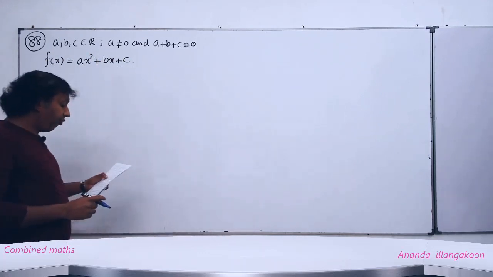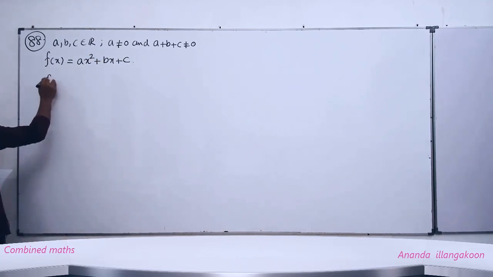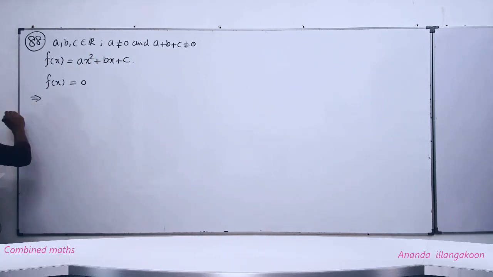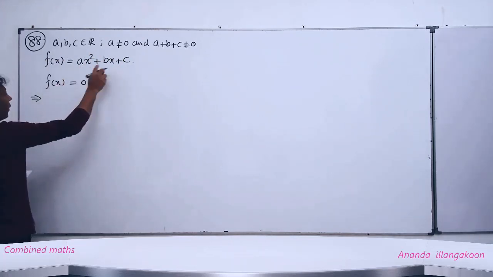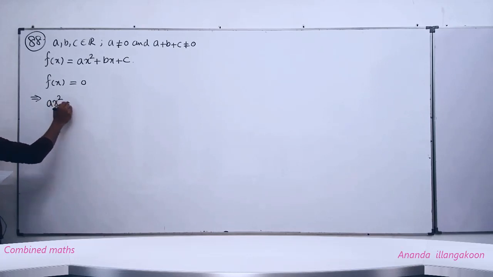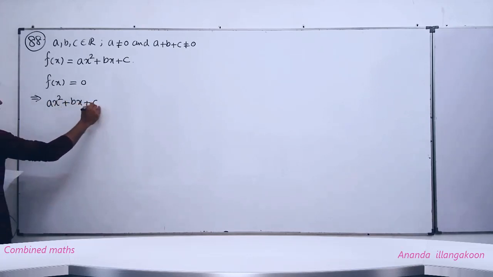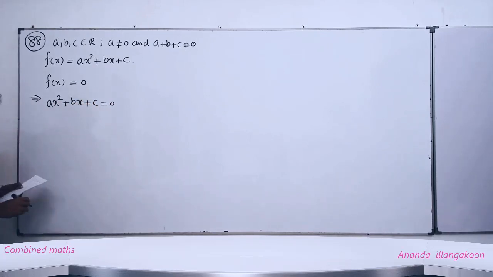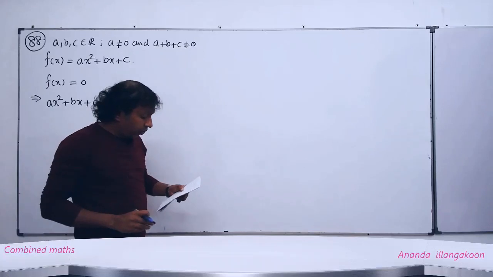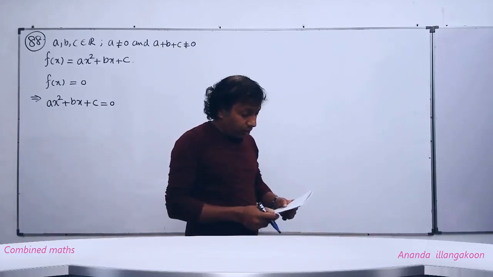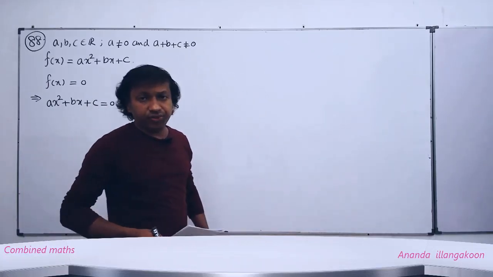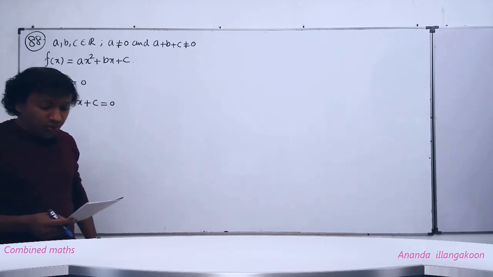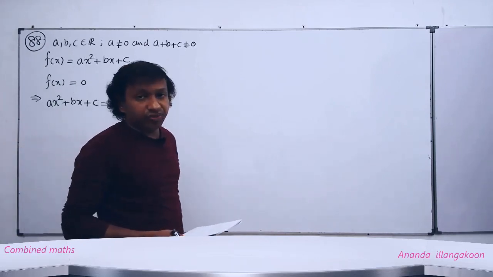f(x) equals 0 means what? What is f(x)? a x squared plus b x plus c equals 0. This is f(x) equals 0. What is being asked there? Show that 1 is not a root of the equation f(x) equals 0.